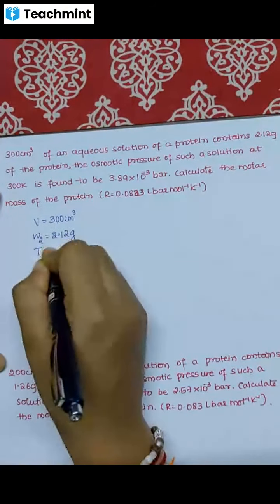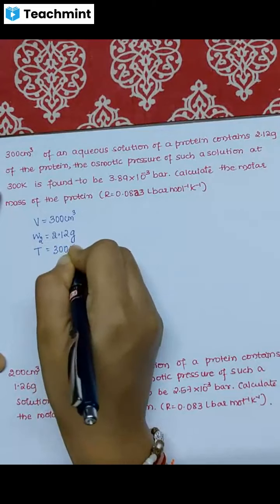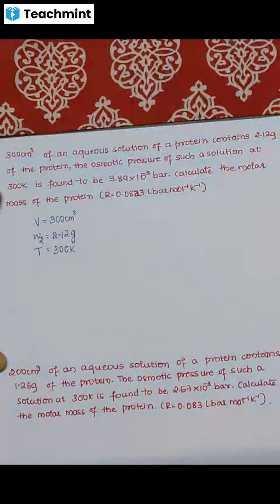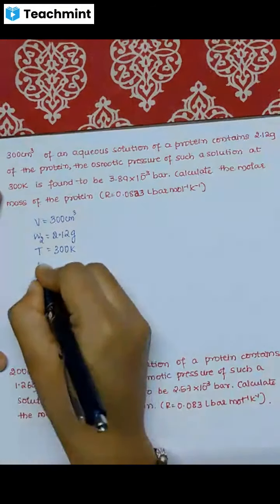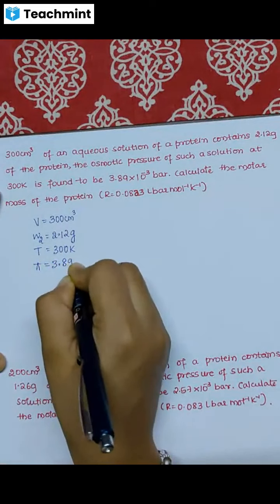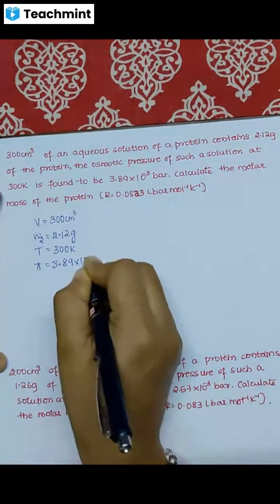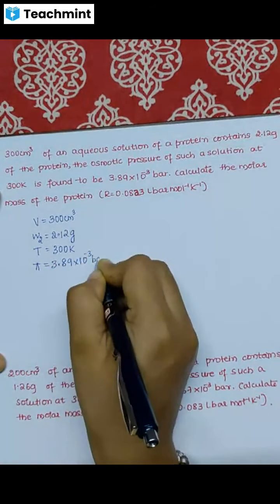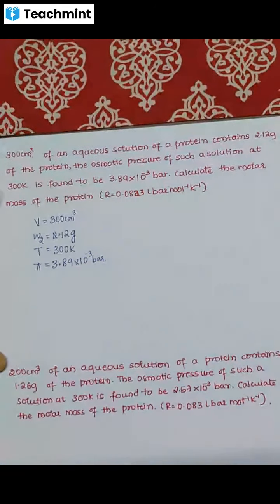The temperature given is 300 Kelvin. Is found to be 3.89 into 10 to the power minus 3 bar. So osmotic pressure pi is found to be 3.89 into 10 to the power minus 3 bar.